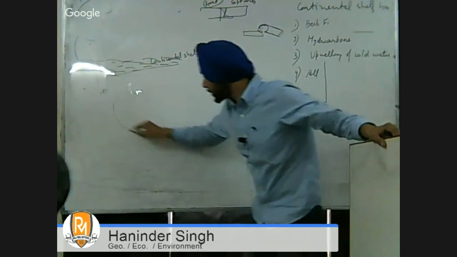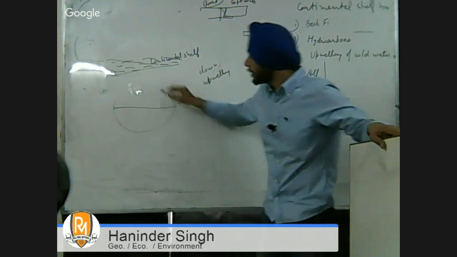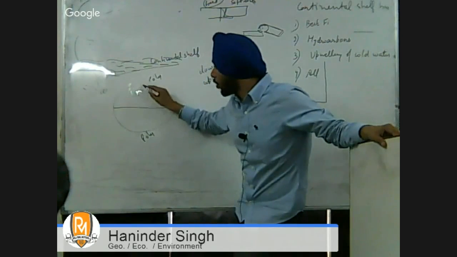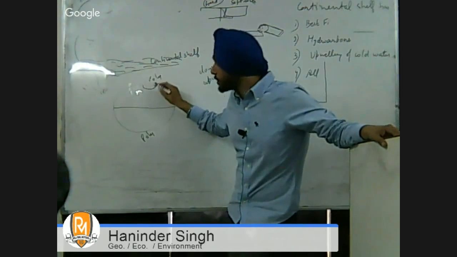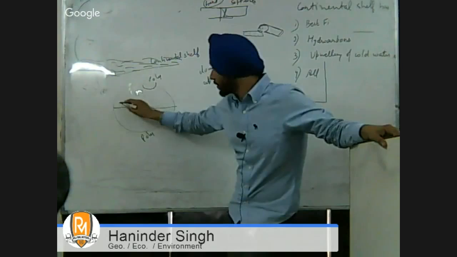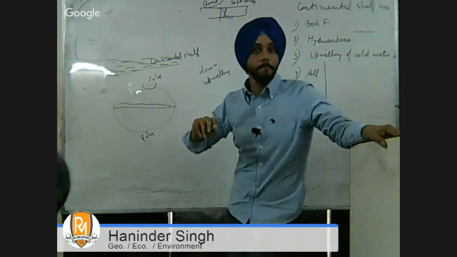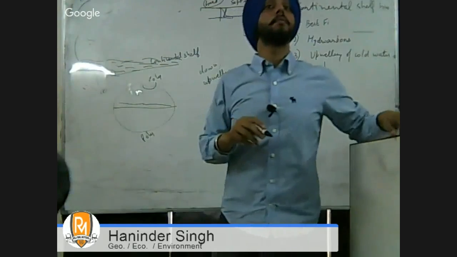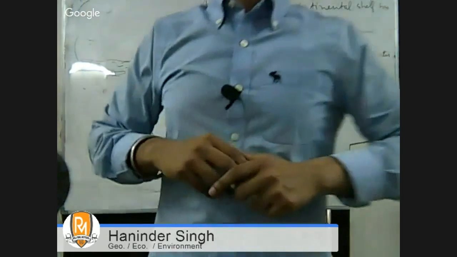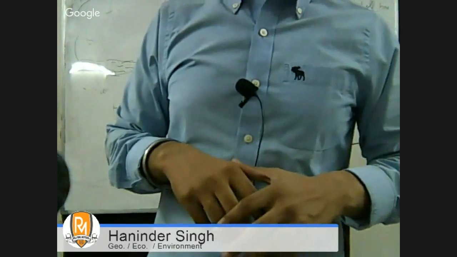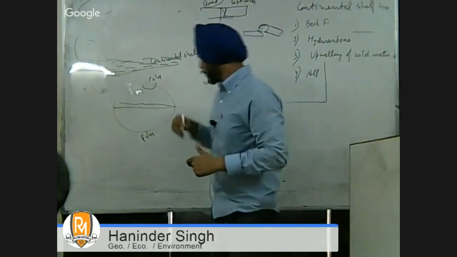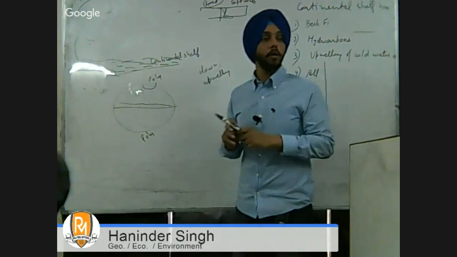Say this is earth, this is equator, these are poles. Normally what we see is that downwelling happens at poles and upwelling at equator. Why does it happen? Due to what?